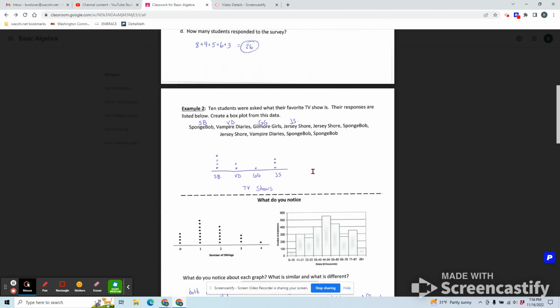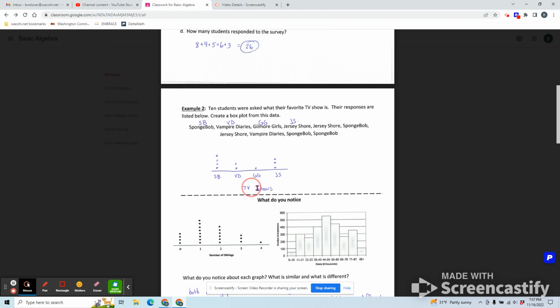So example 2 is having you create your own dot plot. So 10 students were asked about their favorite TV shows, and their responses are listed below. Some people said SpongeBob, Vampire Diaries, Gilmore Girls, Jersey Shore, and then those repeated as needed. So here's my graph. I have TV shows.